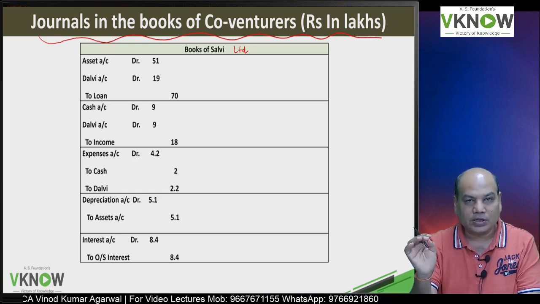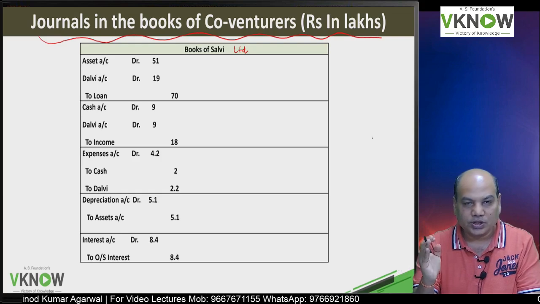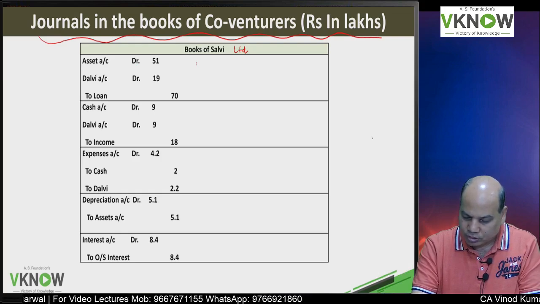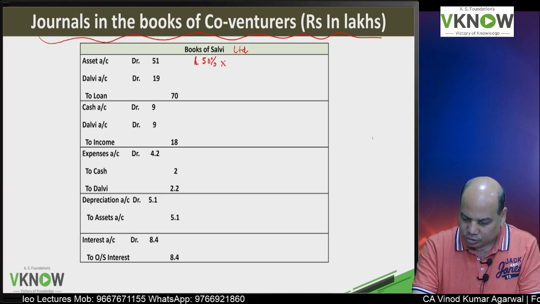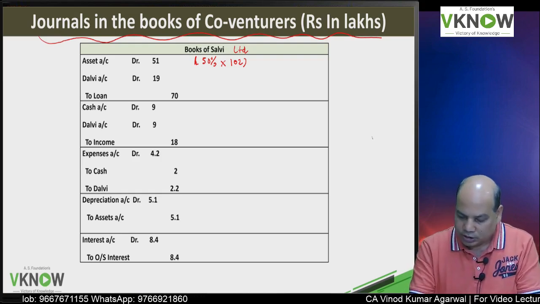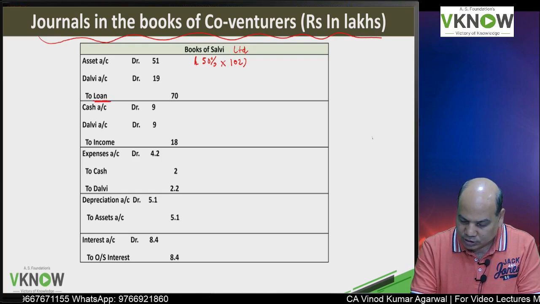Separate entries will help you to understand better. Total value of the asset is 102. Each party will record 50%. So you will write asset account debit 51. How has this 51 come? 50% of 102. You can write the calculation if you want. Then he has taken a loan of 70.